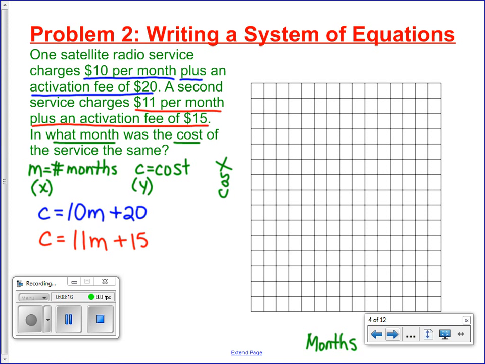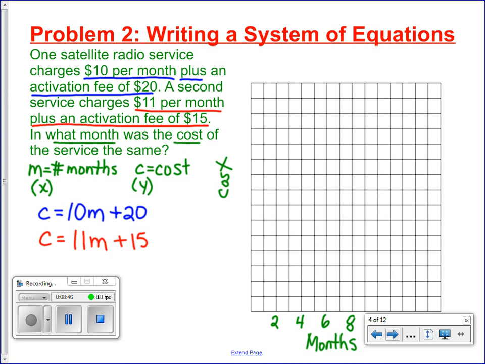All right, so let's decide how we're going to label our axes. I think perhaps on months, each square will represent 1 month. So I'm going to label every other, and that may be far enough, we'll see. And then on cost, we need to start at 15 and 20, and it's going up by 10.